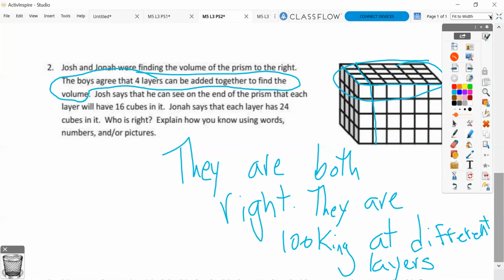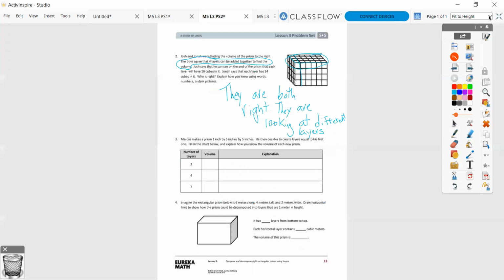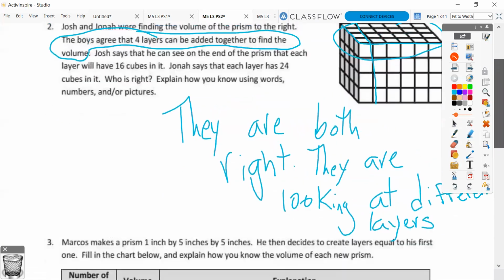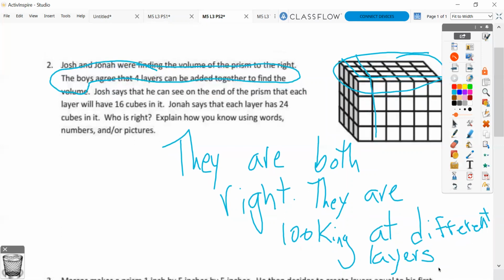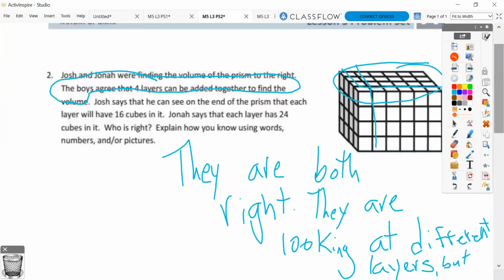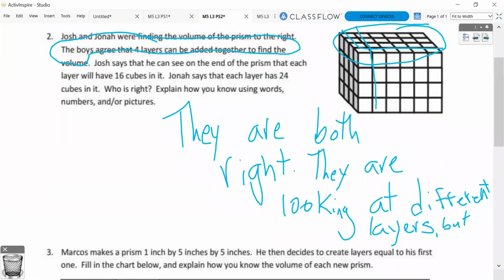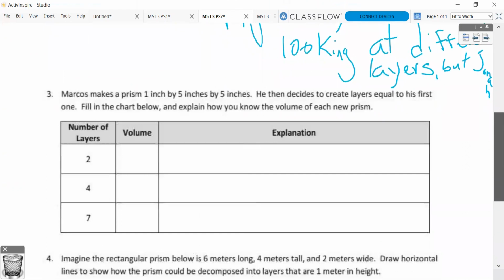Because I kind of messed that up by not remembering that first sentence, but we went back and looked at it. So they're both right, looking at different layers, but we could add to this sentence to correct what I just did. But Jonah, right? Jonah's the one that was looking at the 4 layers. Again, I'm sorry about my writing over here because of my pen.